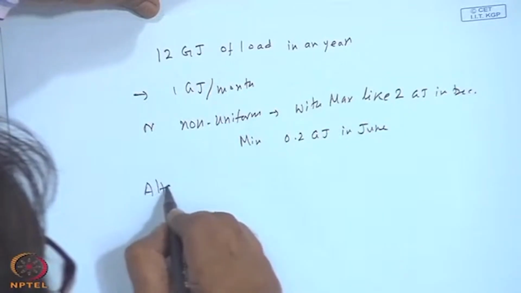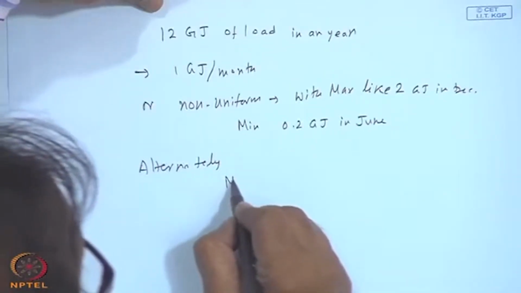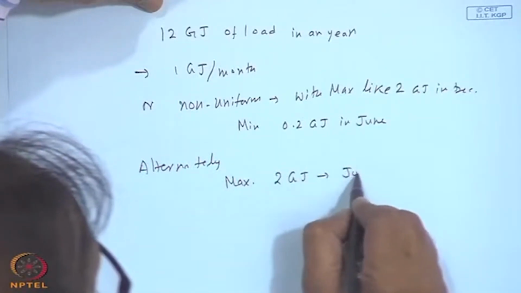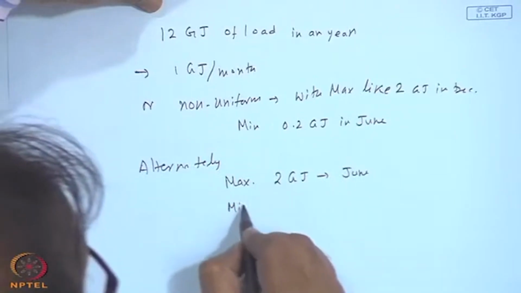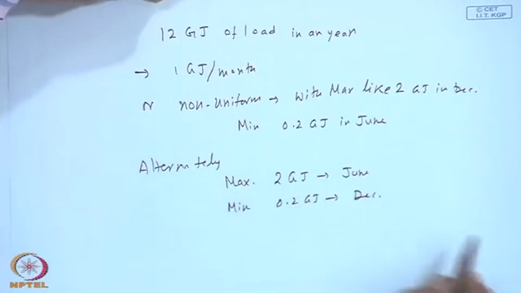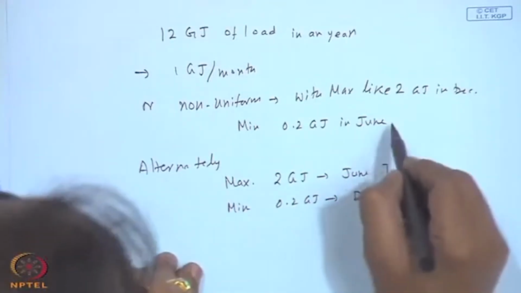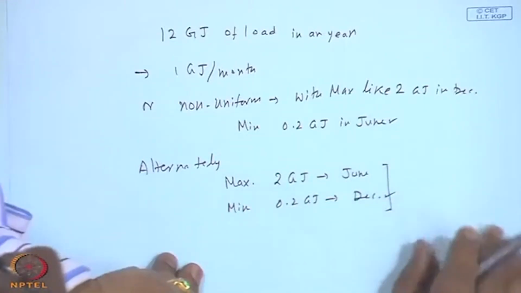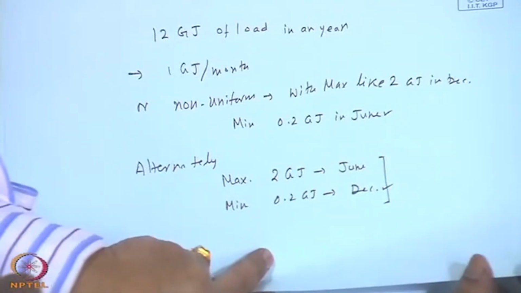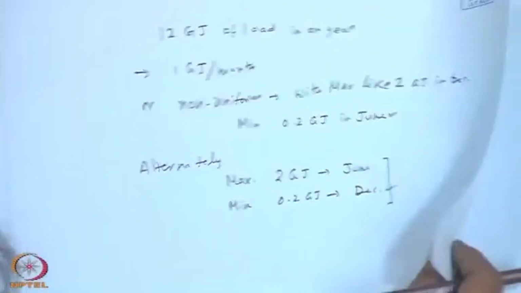Alternately, you may also have max 2 gigajoules in June and min 0.2 gigajoules in December. So, you need not take them literally. By choosing June and December, I essentially mean the highest radiation and the lowest radiation, matching with the highest demand and not matching with the highest demand.